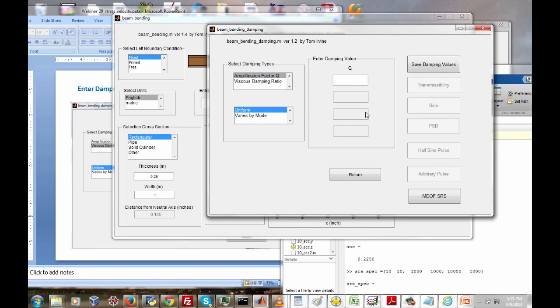And in this case, we're going to have uniform Q is equal to 10 amplification factor for all modes. We could, if we so desired, have a different Q for each of the 4 modes. Or instead of applying the Q, we could apply a viscous damping ratio, which 5% damping, or 0.05 as a ratio, would be equivalent to Q is equal to 10. So let's go ahead and save those damping values.